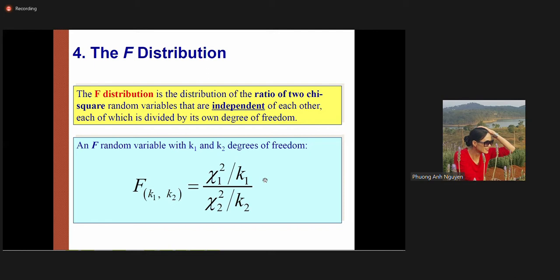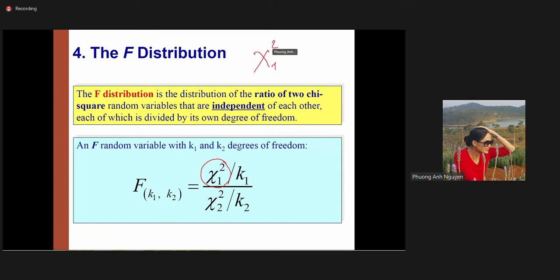The ratio of two chi-squared random variables. We start with the chi-squared distribution. Here, chi1 squared is the first chi-squared random variable. We denote it by chi1.